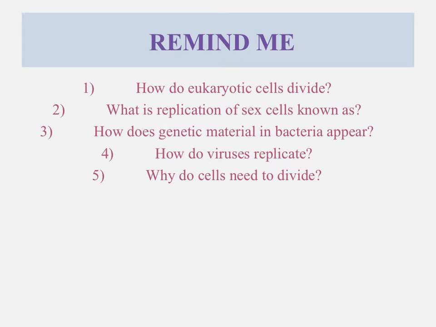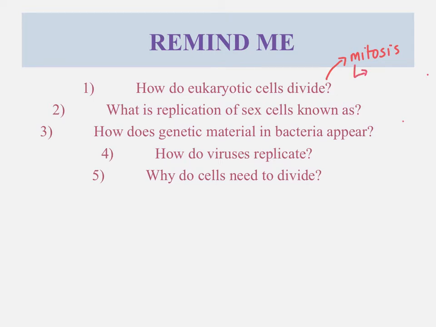Okay, so for number 1, how do eukaryotic cells divide? Now hopefully, knowing what you do at GCSE, well this is a good start already, isn't it? You should have been able to tell me that eukaryotic cells divide by mitosis.